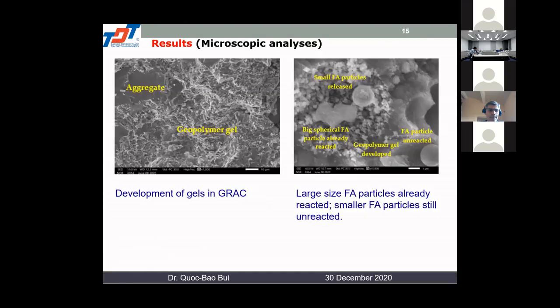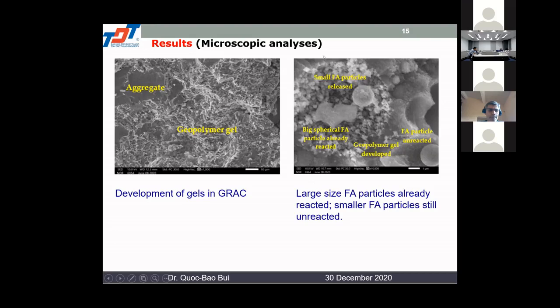And now some analysis at microscopic scale. First, we can see some development of gels in GRAC. For example, on the left, we see the aggregate and the geopolymer gel development. And we can see also the large size fly ash particle already reacted.